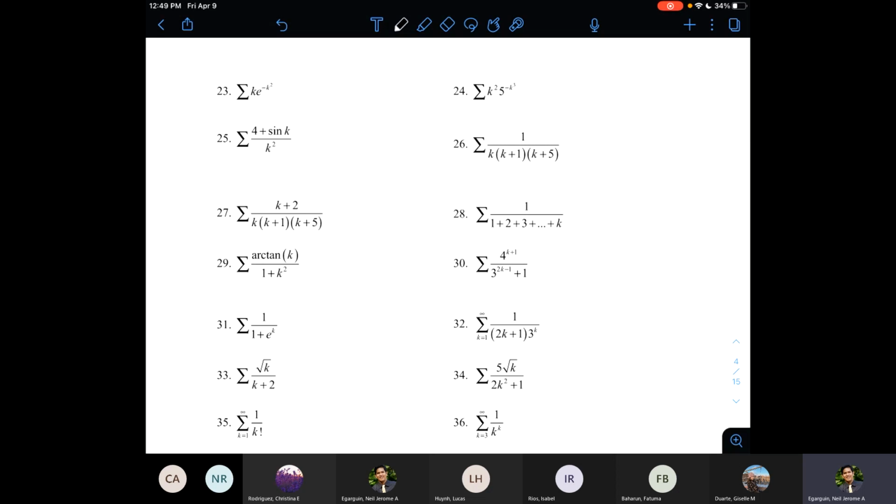You can memorize a different series, but it would be great if you can just make sense of the test so that you don't have to memorize them. Because personally, when I was in my undergrad, I hated this part of the course because I hate memorization, and my approach then was to memorize all the tests, and there are 4, 5, or 6 tests that you need for this chapter.